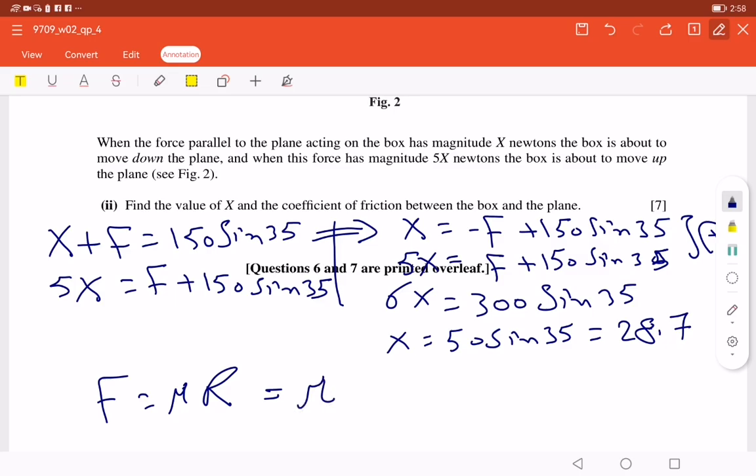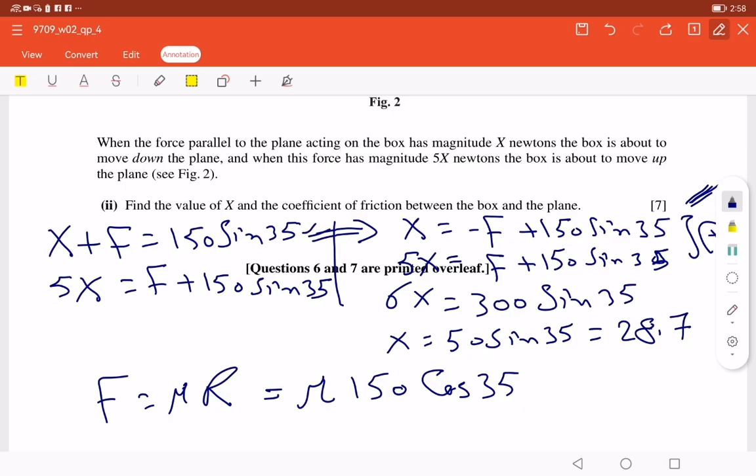And R equals 150 cosine 35. So now we need to find the mu. We can substitute F equals mu 150 cosine 35 in this equation number 1. It's okay? Or in this equation, it's better.